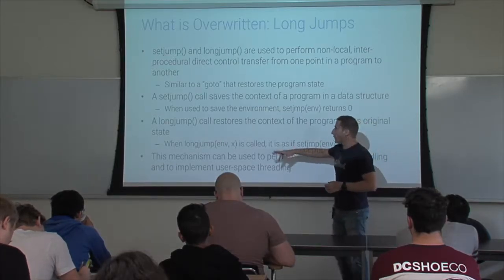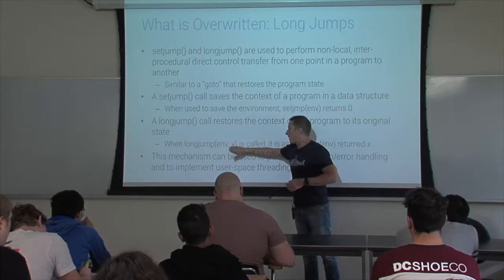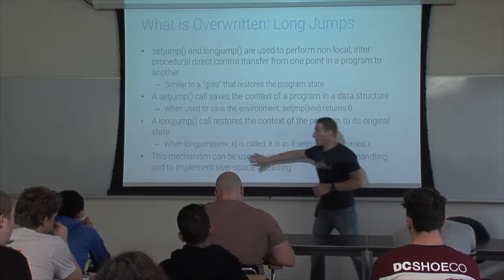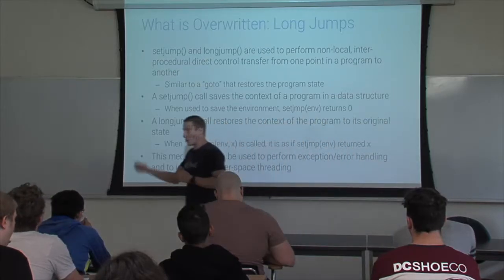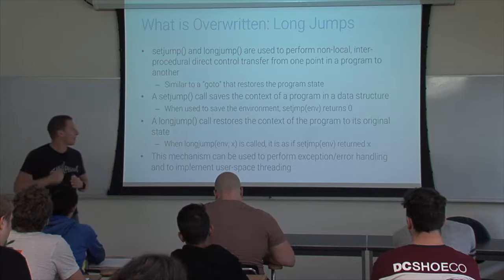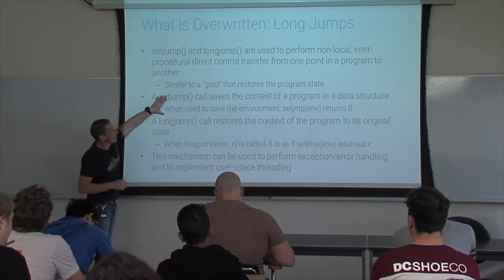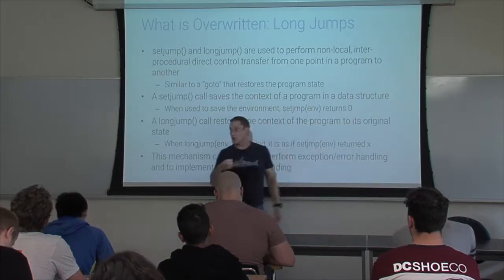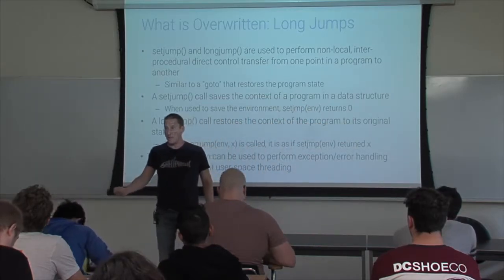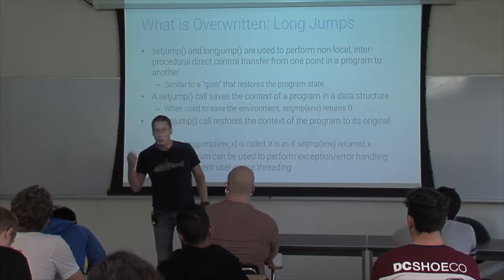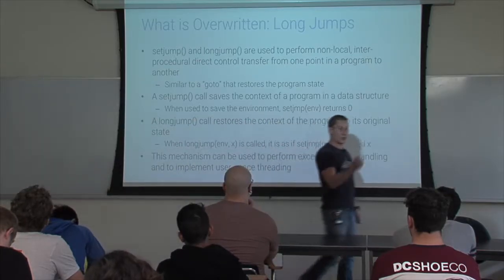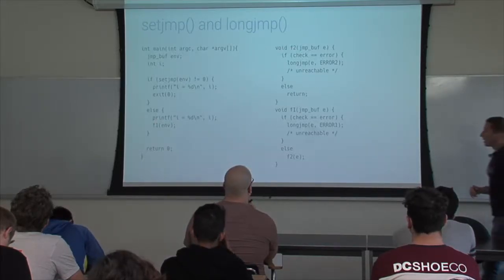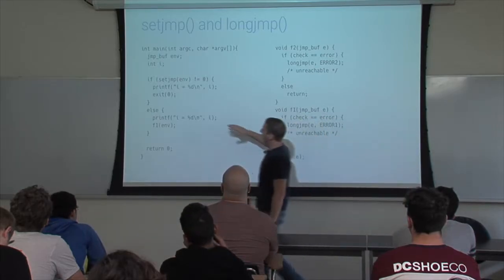So the first time you invoke setjmp, it returns 0. So you know that you just set up the environment. When you do a longjmp, it instead returns a different value depending on where you are. An example here will clarify things a little bit.